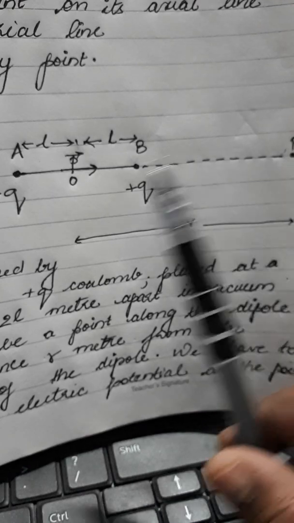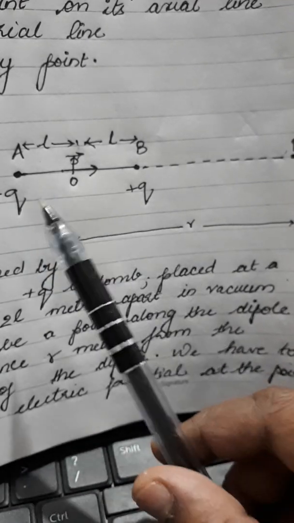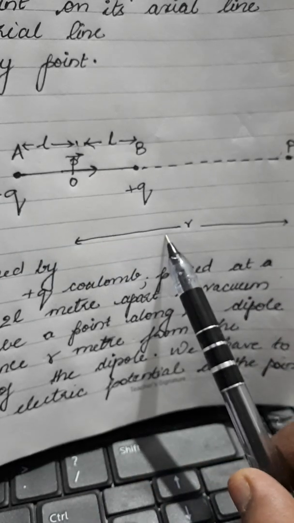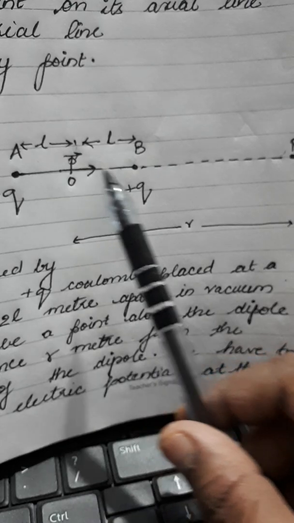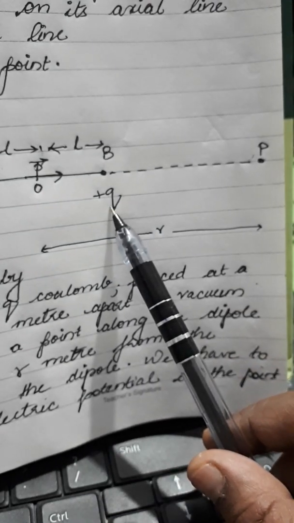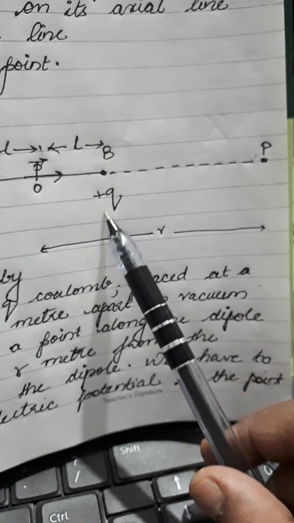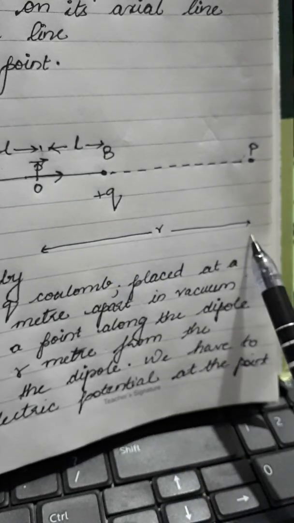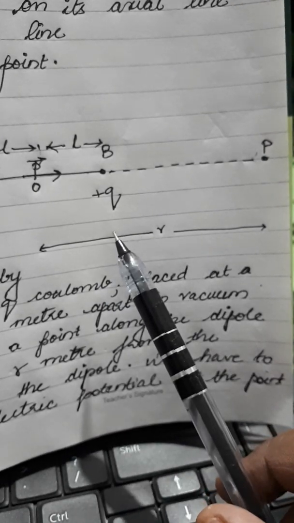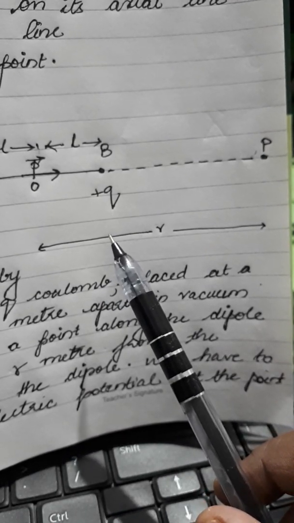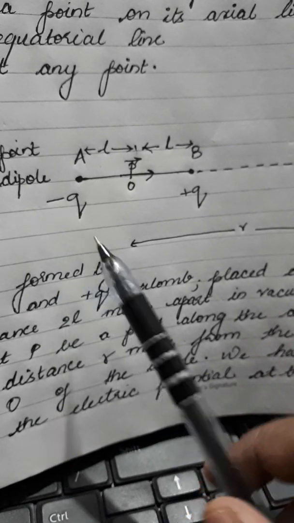So point P and minus Q charge is total r plus L. This is r plus L from the minus charge, and from the positive charge the distance is r minus L. Since it is coming here, this much of distance is r minus L. So from the positive charge the distance of P is r minus L, and from the negative charge is r plus L.